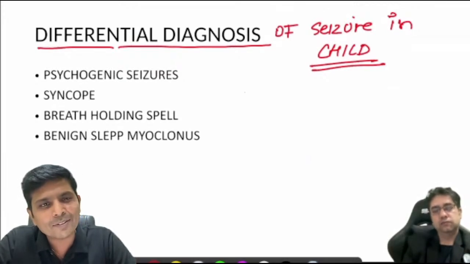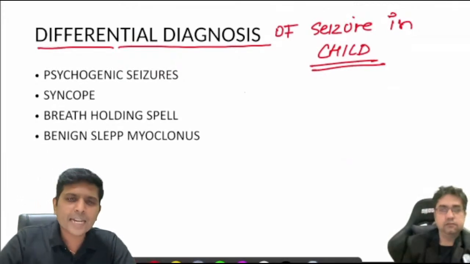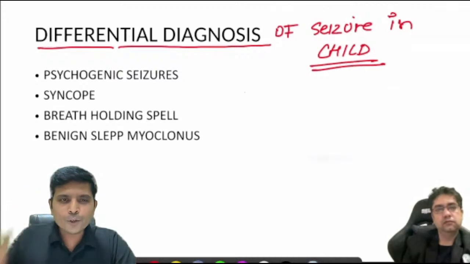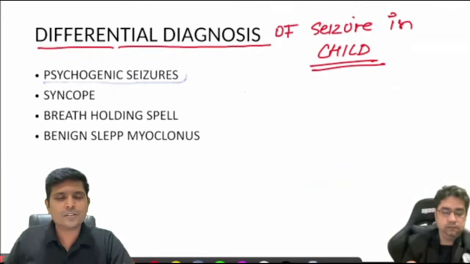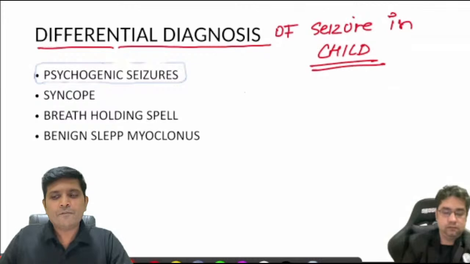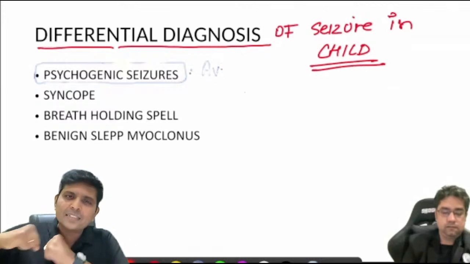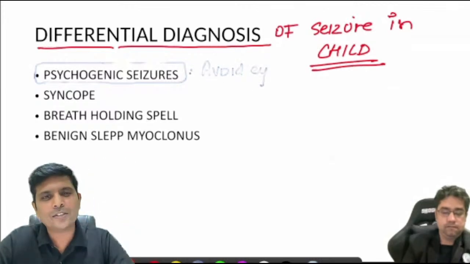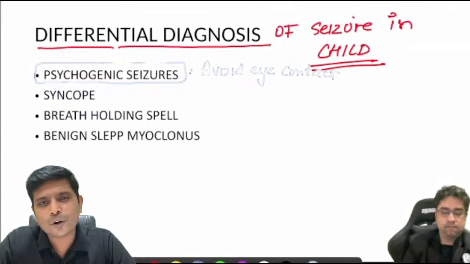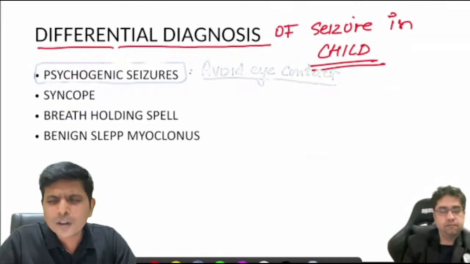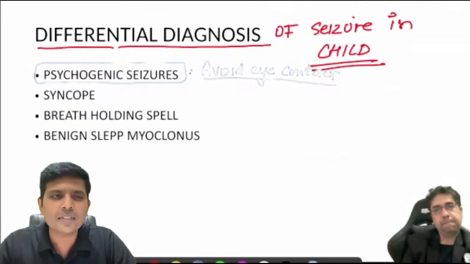How to identify this? When they avoid eye contact with you, it is psychogenic seizure. When they have more pelvic thrusting, it is called psychogenic seizure. And you all know about prolactin levels: normal prolactin levels during a seizure episode. That is what will be discussed in the medicine part.